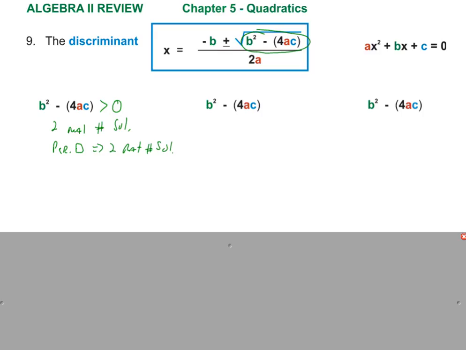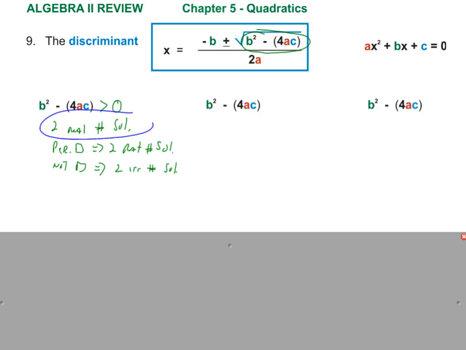So they're real numbers, but specifically they are 2 rational numbers. If it's not a perfect square, then you're going to end up with 2 irrational number solutions, right? Like 3 plus the square root of 7, something like that. So anytime it's greater than 0, you have 2 real number solutions.